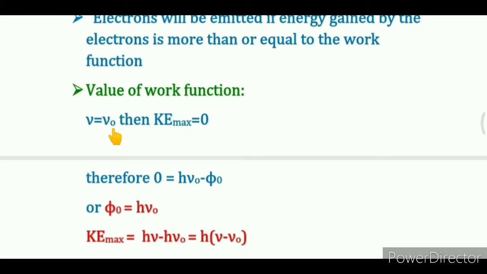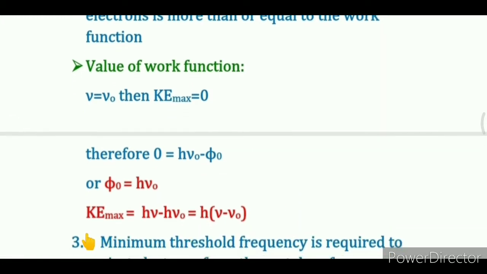By considering these values, Einstein's photoelectric equation becomes 0 is equal to h nu minus phi 0, and hence the work function can be determined: phi 0 is equal to h nu 0. Finally, another form of Einstein's photoelectric equation can be written as maximum kinetic energy is equal to h nu minus h nu 0.